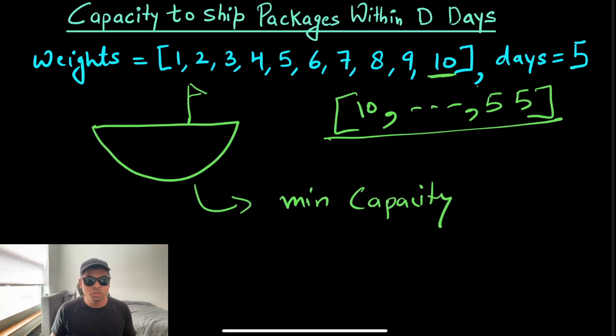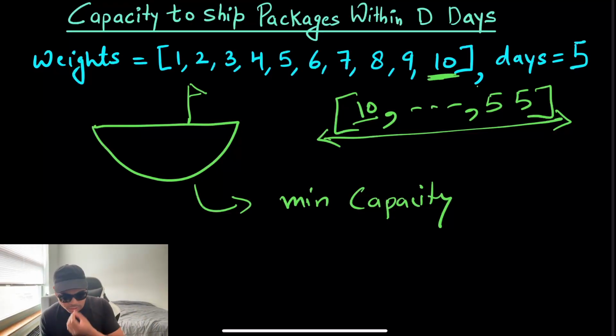If you want to, you can choose one as well, but this is a more sensible range that we should be aiming for. That's because if we have a minimum of 10 as capacity, then we are able to take the maximum package weight as well, even if we can only take just one package with us.